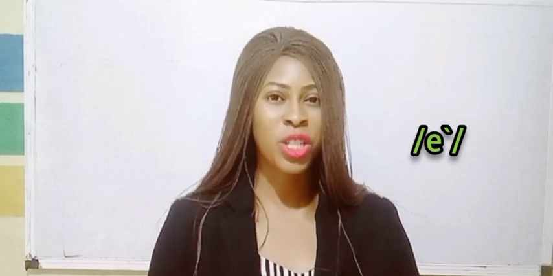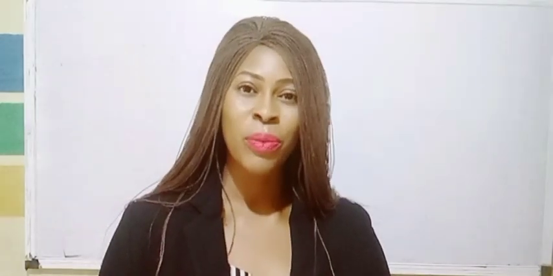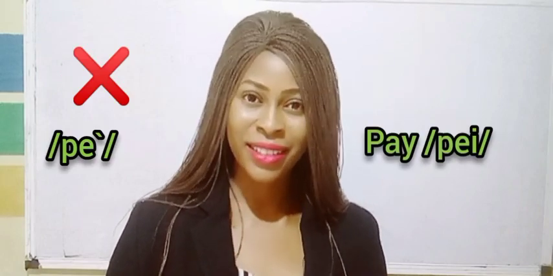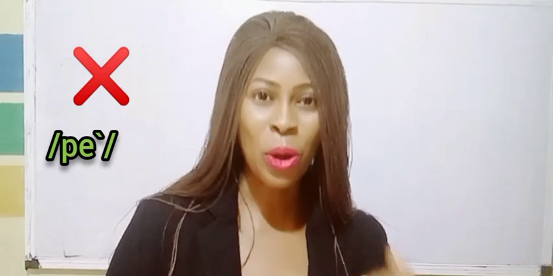As second language users, you are likely to encounter children that may not articulate the sound "ay" but will simply say "eh". For instance, when I say rain, some will simply say "ren", or pay, "pe". Did you get that?